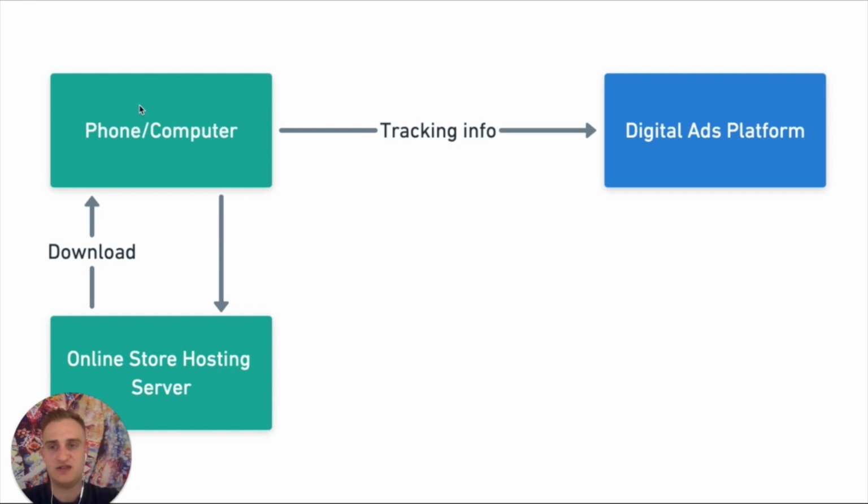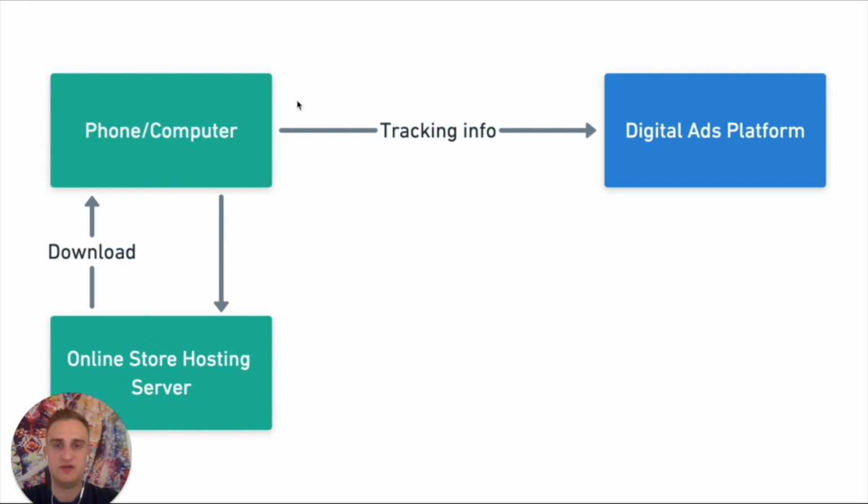And then his iPhone or computer displays the whole page. Besides the text and images, he also downloads a script, and this script is responsible for capturing data like where this user came from, from which ad he came, what the location of this user is, any information like that. And it sends this information to the digital ads platform in order to make these ads trackable.